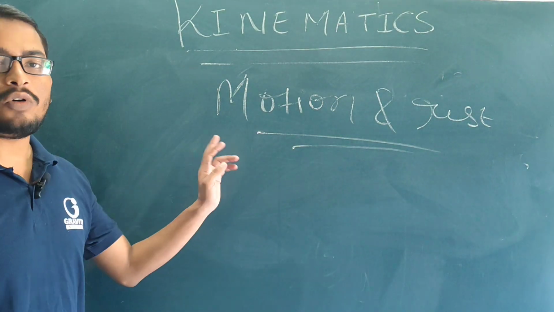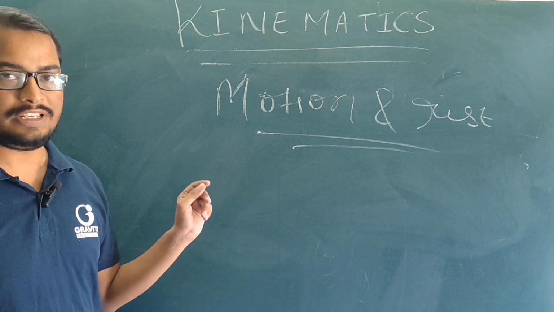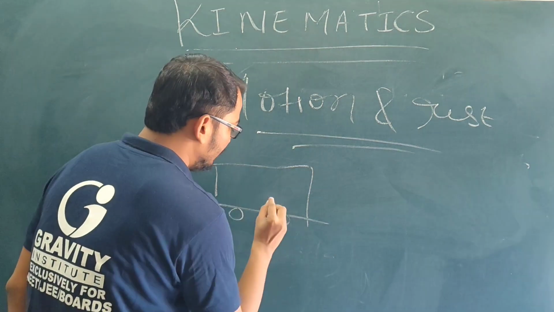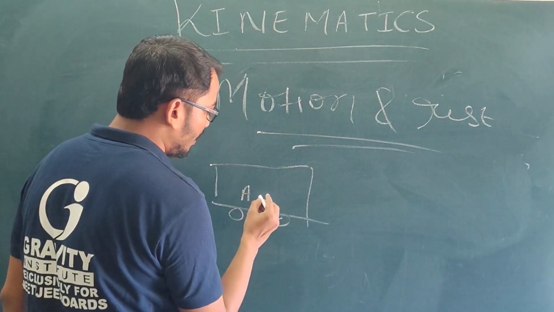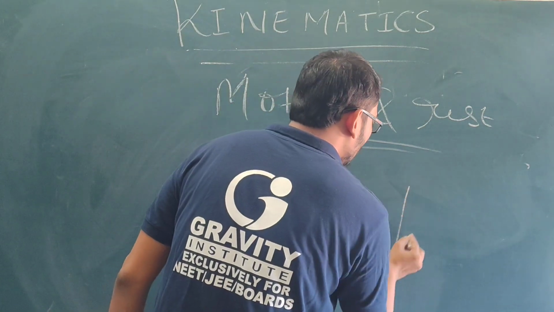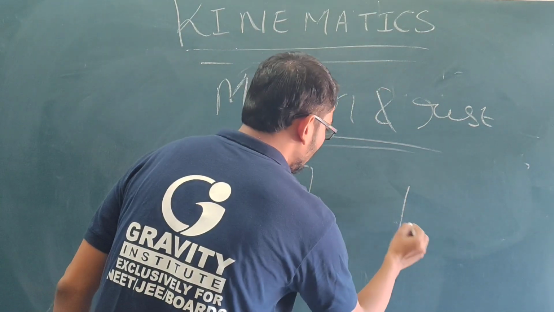It is basically a property of observer and object. For example, if we are moving in a train, and two persons are sitting in that train and a third person is sitting outside of the train.